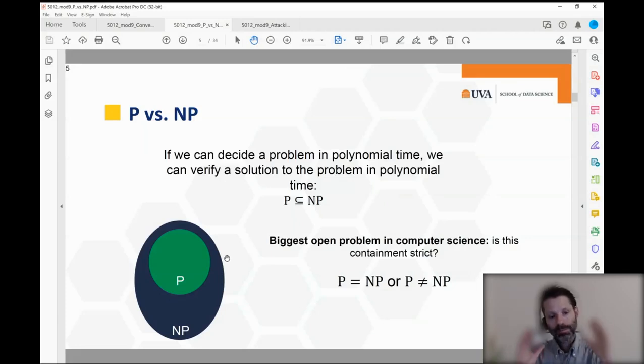We do know that there is a bound here, because exponential time encapsulates both as well. Again, we have the subset relationship between NP and exponential time, but we don't know whether that's strict or not either.